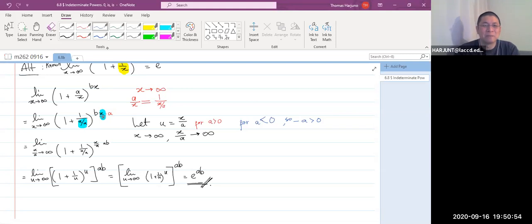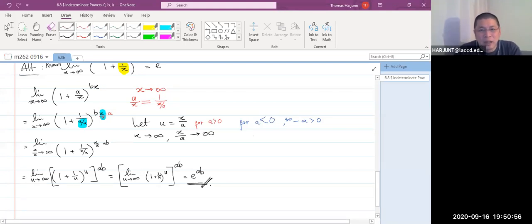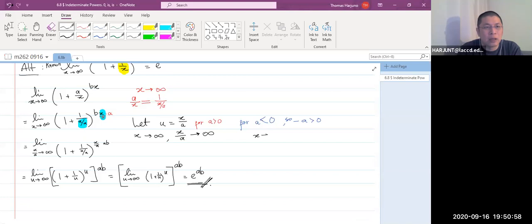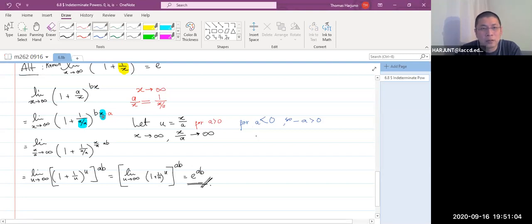And x approaching infinity implies negative x over a also approaches infinity. Cool.